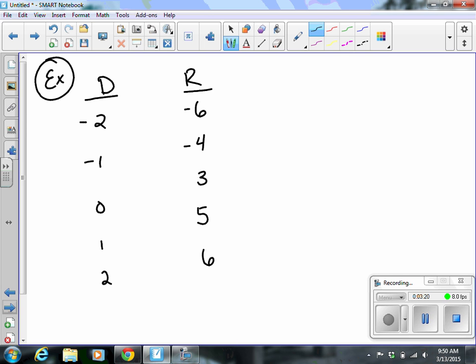All right, so they'll list out your domain and your ranges. Again, this will be given to you, so you don't have to worry about that. Okay, so looking at this, we've got some arrows here. This is what we call a mapping. And we're trying to figure out, okay, is this a function?